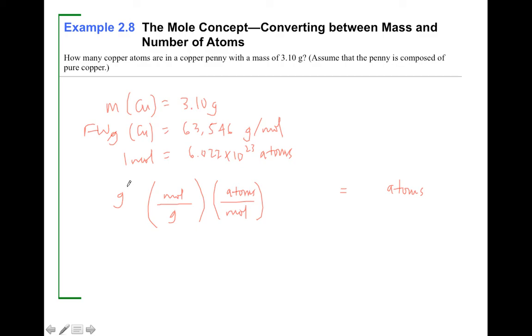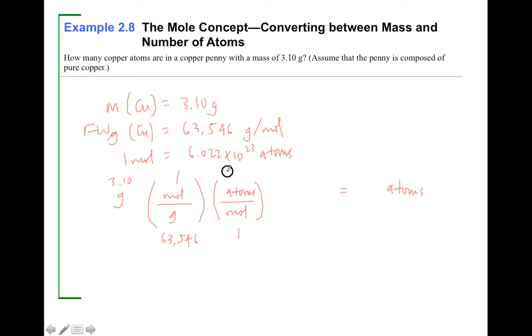Okay, and the final thing I got to do is put my numbers in here, and then multiply or divide. So what number goes with grams from up here? 3.10. Now grams per mole, where's that? It's right here. So it's 63.546 grams per mole. And what numbers go with atoms and moles?